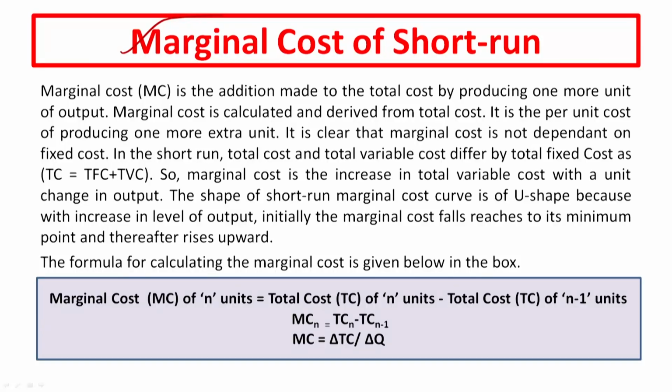That means it is the addition made to the total cost by producing one more unit of output, and that is known as marginal cost. So, marginal cost can be calculated from the total cost. So, marginal cost of n units is equal to total cost of nth unit minus total cost of n minus 1 unit. This is the formula.